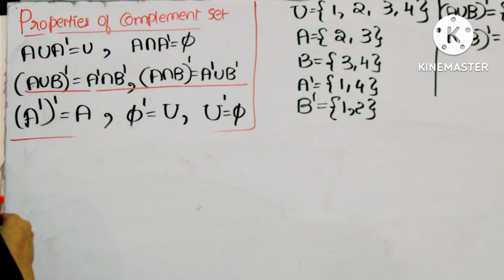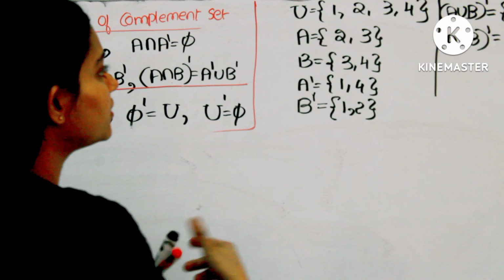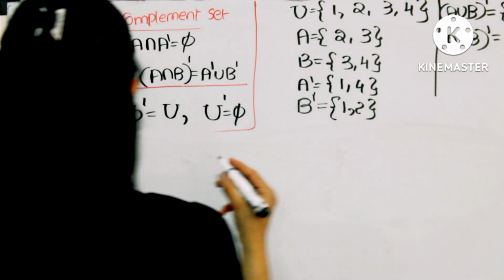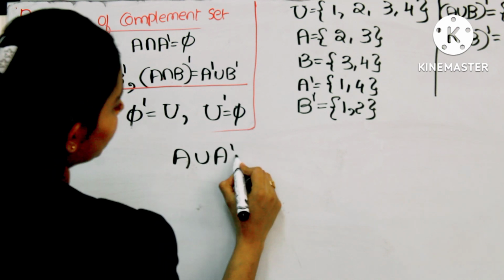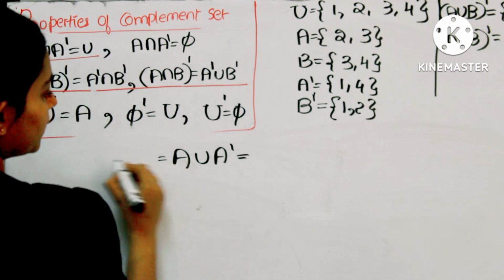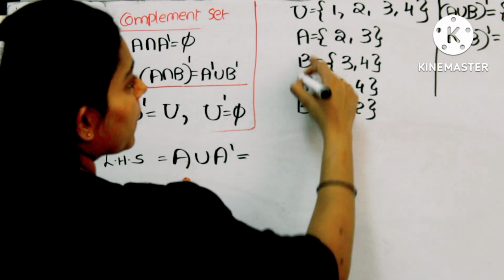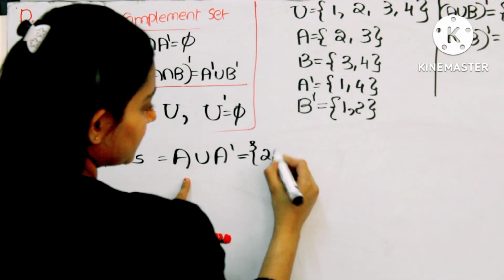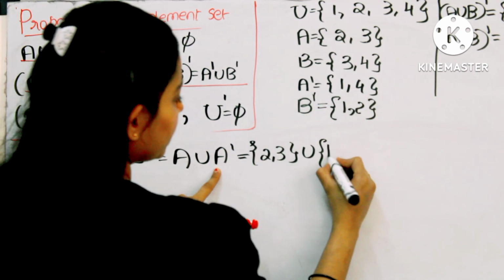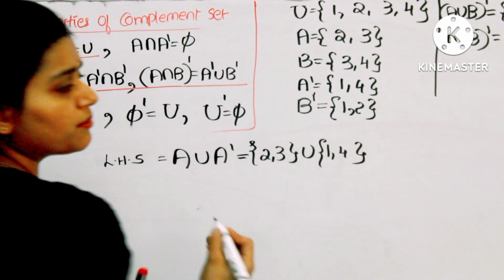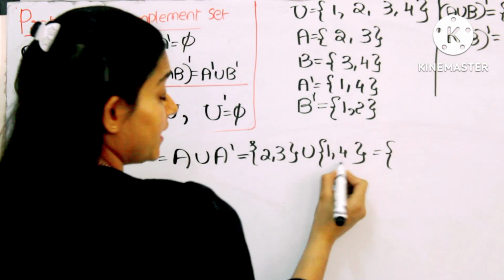First prove this one, A union A complement. We have A is 2, 3. Let's prove A union A complement is equal to U. Take this as LHS. A is 2, 3, union A complement, which is 1, 4. Union means we combine all the elements in A and A complement.